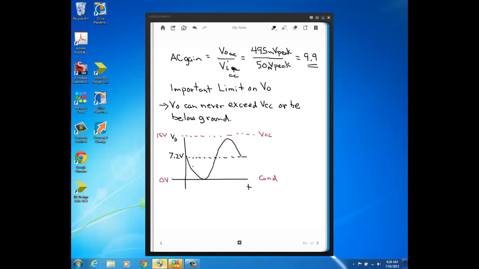But once the output signal hits against a limit, it becomes what's called clipped. It's going to flatten out at that limit. And once you get a flattened signal like that, it's called a distorted waveform, because it's not a pure sinusoid anymore.